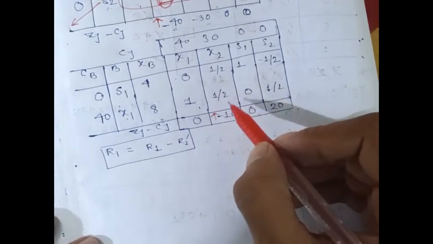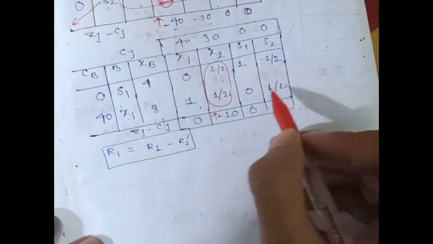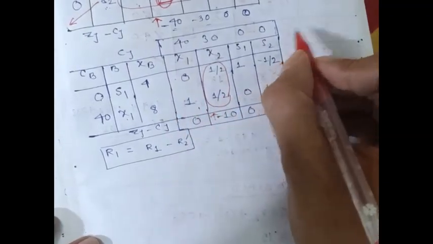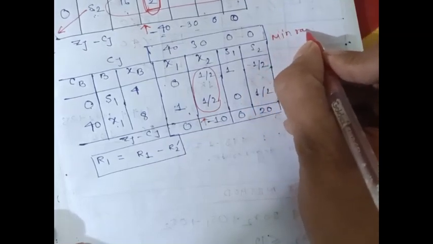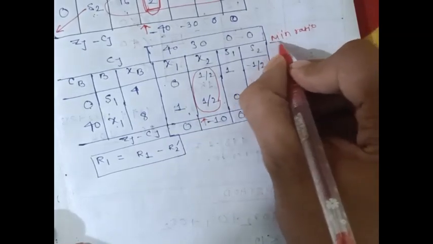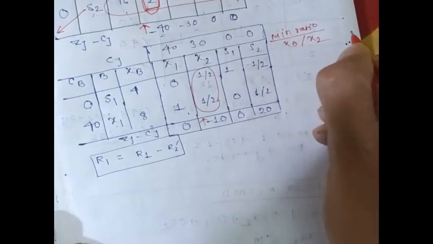So we will take this column. This is our key column, and again we have to calculate the minimum ratio. So minimum ratio is xb by, here it is x2.